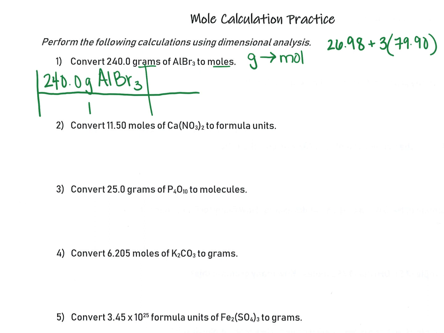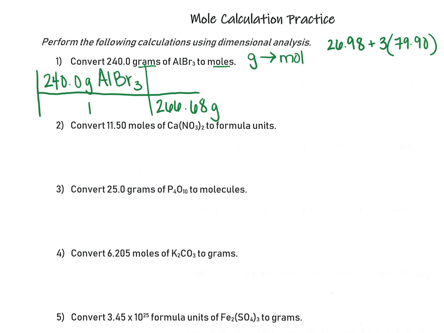All right, what are you getting for molar mass? 266.68. Okay, 266.68. Do y'all agree? Okay. Does that need to go on the top or the bottom? Bottom. Why bottom? There are 2 ways you could think about this. One way is we're just going to look at units. If grams is on the top, what unit has to go on the bottom? Grams.